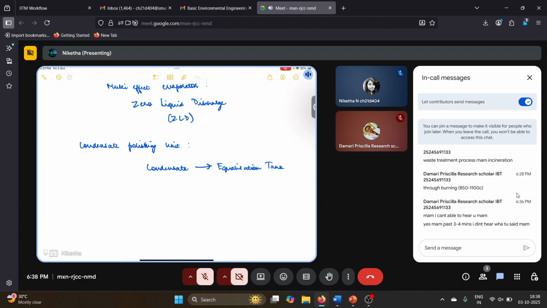You must have studied equalization tank in the primary treatment process for wastewater treatment. So why do we need equalization?